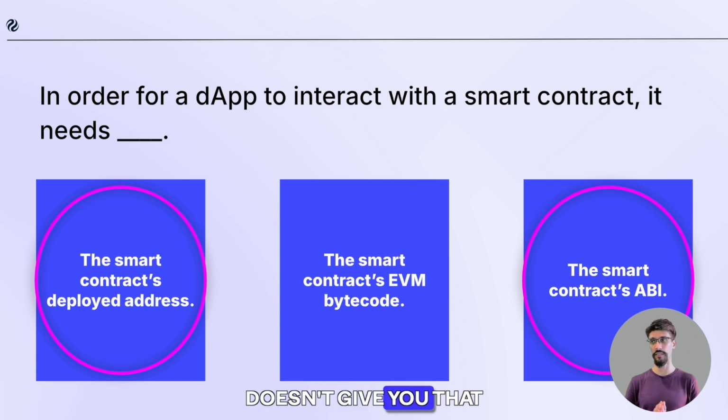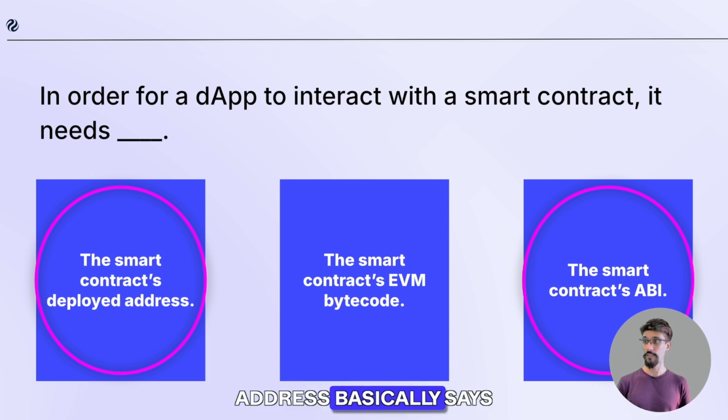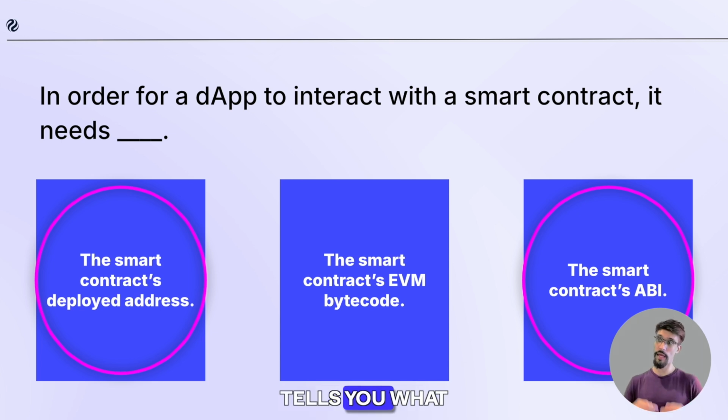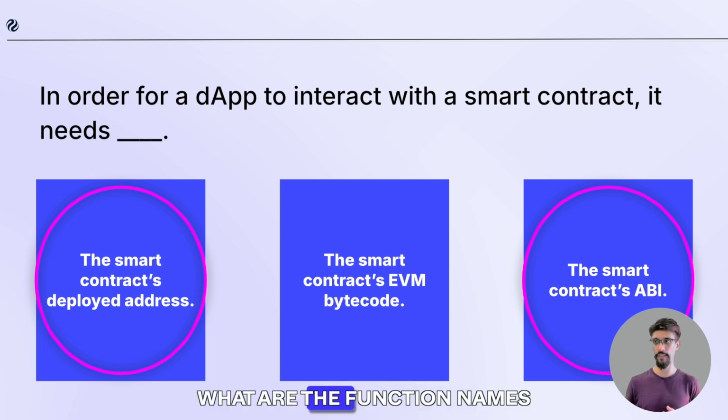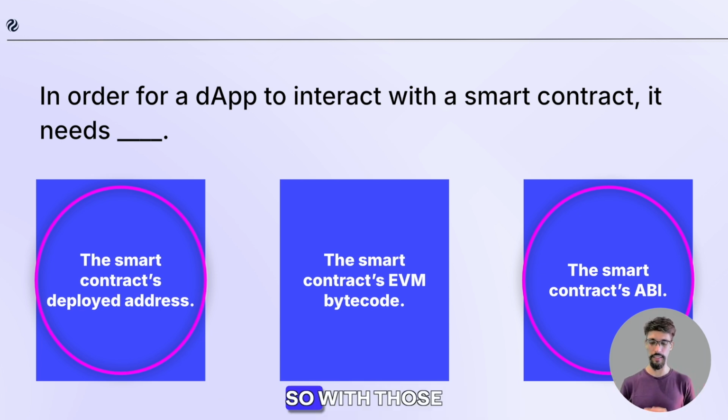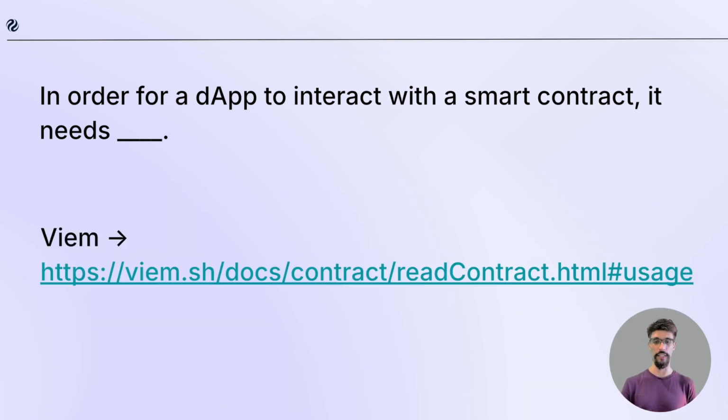The EVM bytecode doesn't give you that unless you attempt to reverse engineer it or something. But that's another topic altogether, right? So the deployed address basically says where I'm going to talk to, and the ABI tells you what messages you can send, what are the function names, what are the parameters, etc., right? So with those two things, you know how to talk to a smart contract within your dApp.